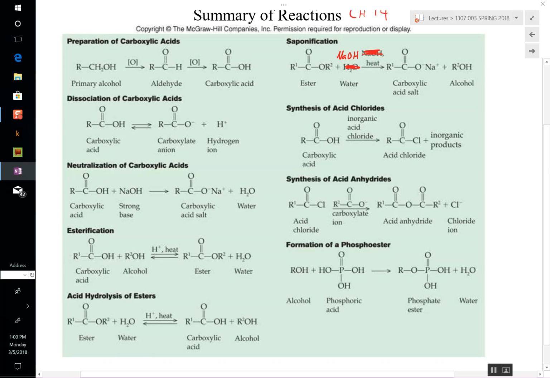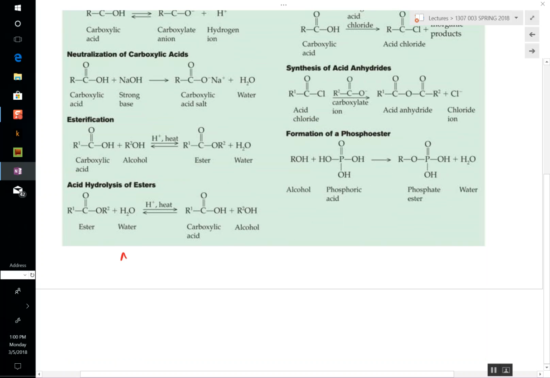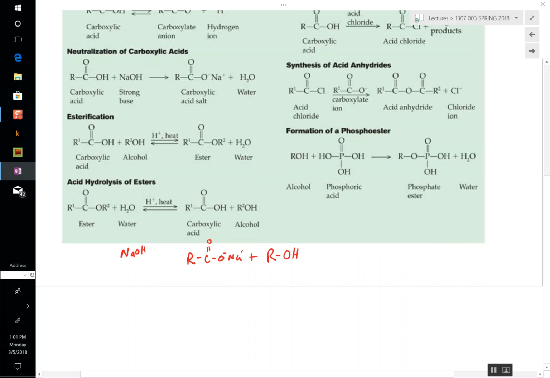If we react with NaOH, what do we get? We get plus an alcohol. So there's a lot of similarities. If we took that molecule and reacted it with this, we would get the sodium salt of that and the alcohol that came off of there.